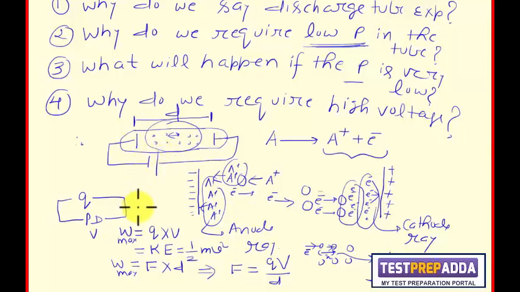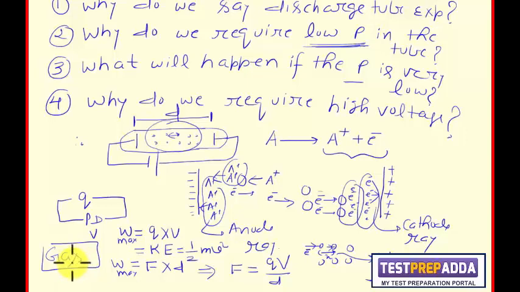Since it is clear that the source of cathode and anode rays is gas, if you keep pressure extremely low, the number of atoms of the gas will be very few. So basically the source will be missing. If the source is missing, no rays will be produced.